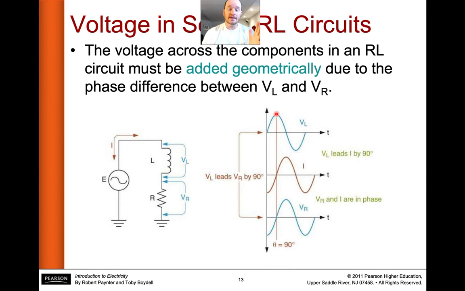If it's 90 degrees, it's a purely inductive circuit. If it is 0 degrees, it is a purely resistive circuit. So if you have a resistor and an inductor in a series circuit, it will be somewhere between 0 and a positive 90 degrees.